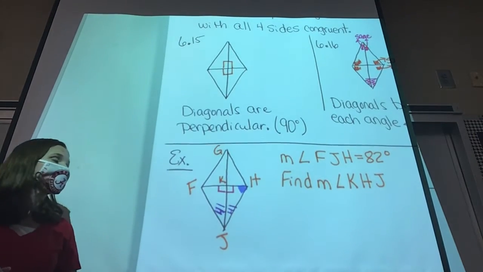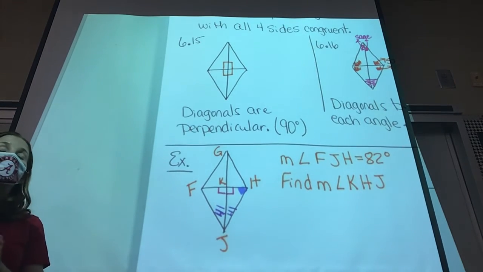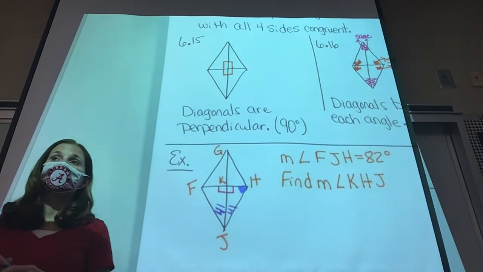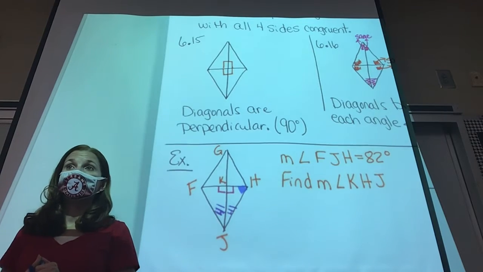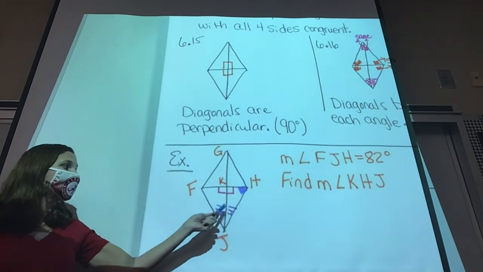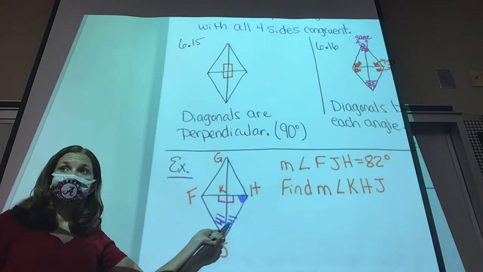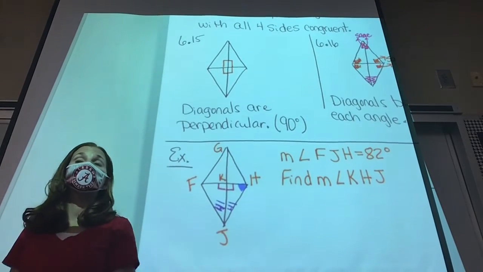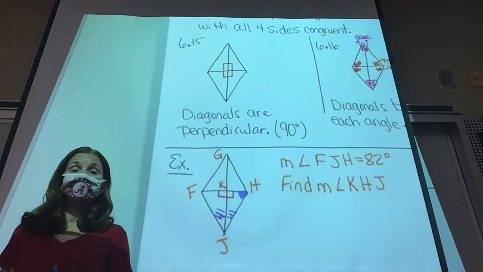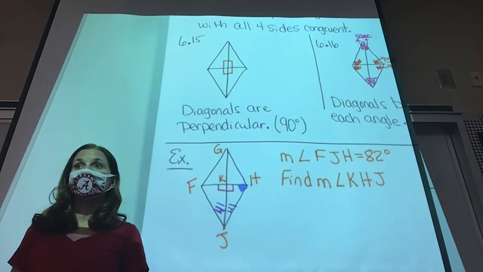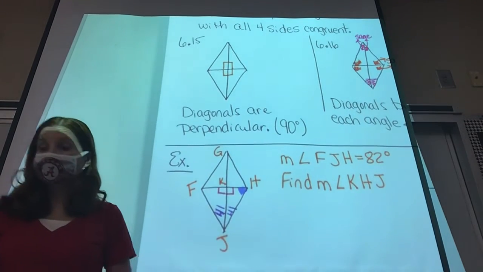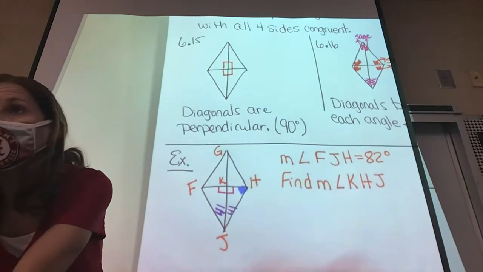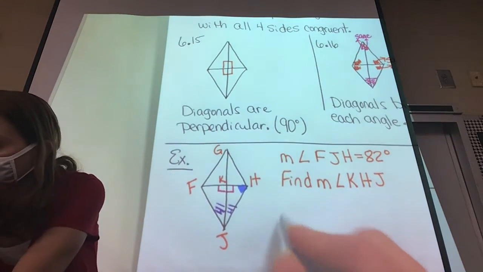Every triangle, all the angles on the inside have to equal 180 unless they tell you otherwise. So if I already know two of them, I can add those two together and subtract that from the total, which is 180, and it's going to tell me what the missing piece is. Which is what we did back in chapter 4.